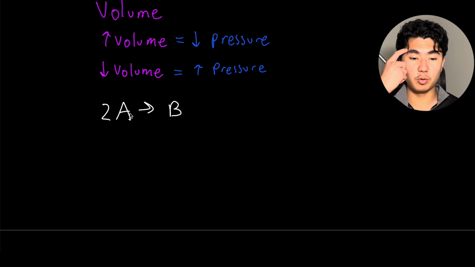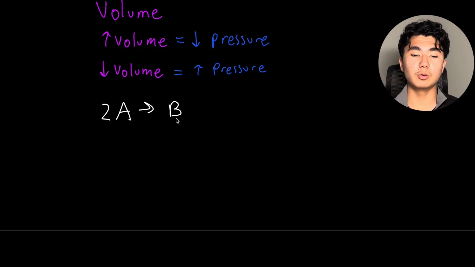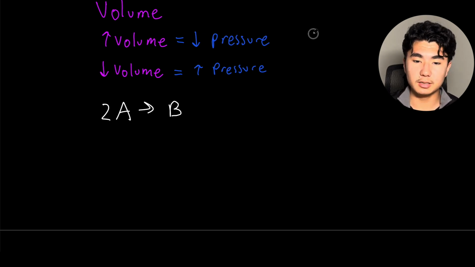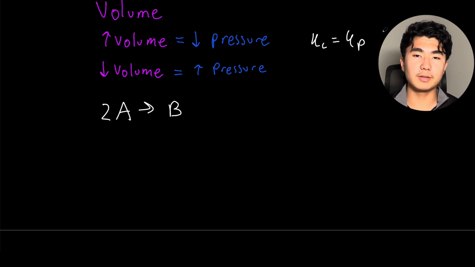So in this example, we have 2A goes to B. And the reason why this only applies when there's a disparity in gas moles is because Kc equals Kp when we have the same amount of moles. So this equilibrium constant is going to equal the pressure equilibrium constant when we have the same amount of moles.